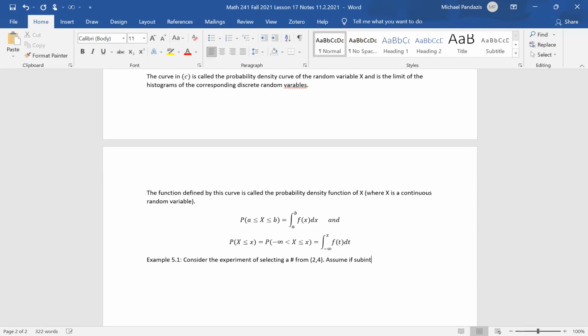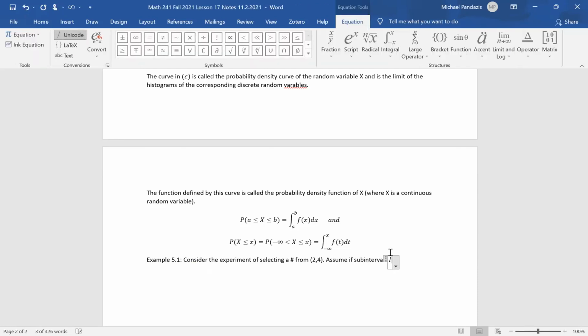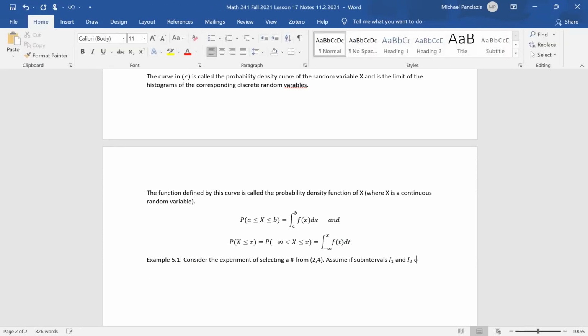Assume if subintervals I1 and I2 of that interval [2, 4] are equal in length, the probability of the number being in either interval is the same.